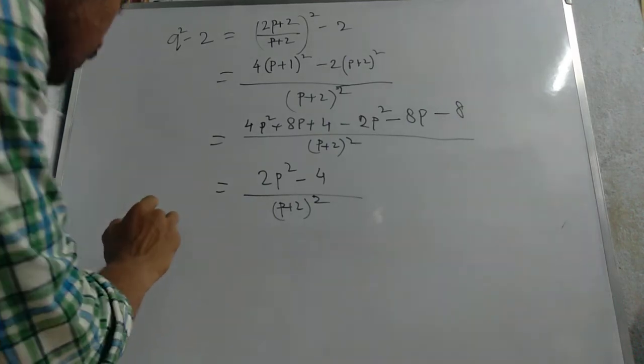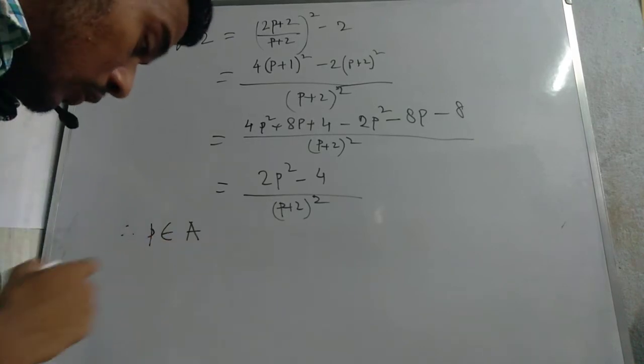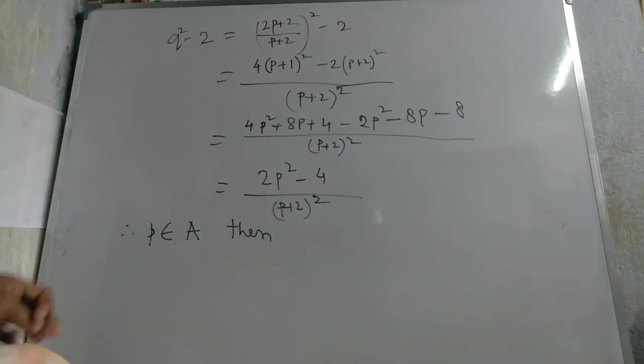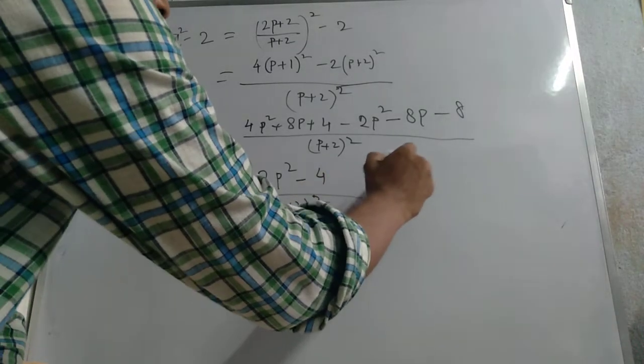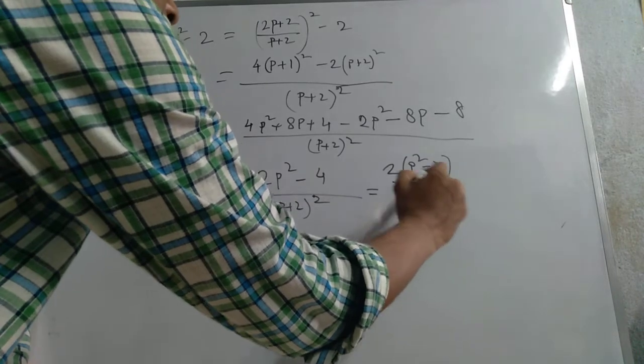If p belongs to A, then p square is less than 2. That means this one equals 2(p square minus 2) by (p plus 2) whole square.